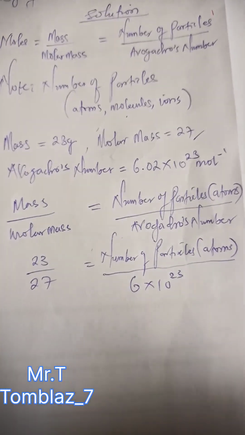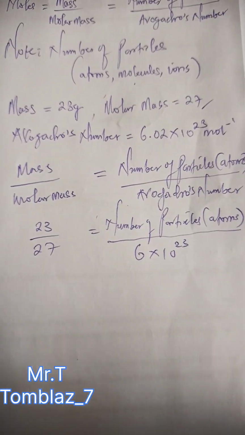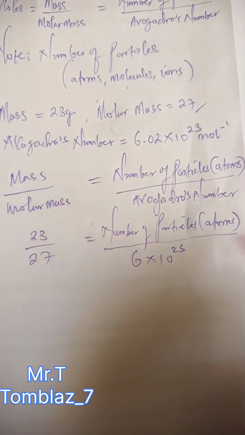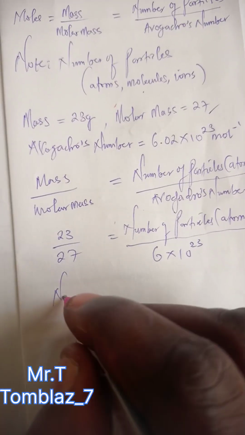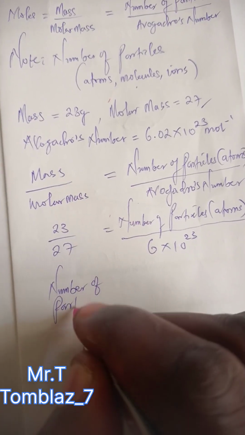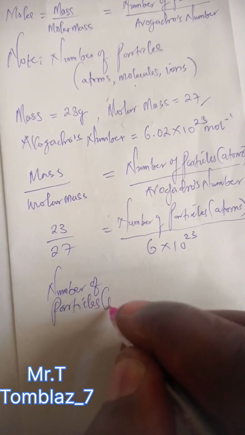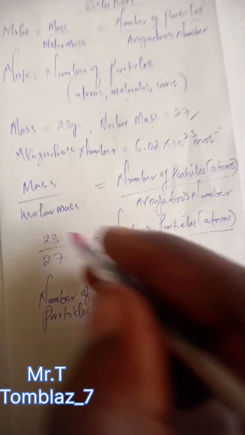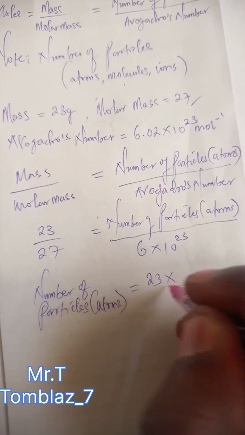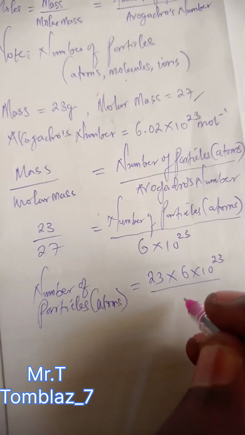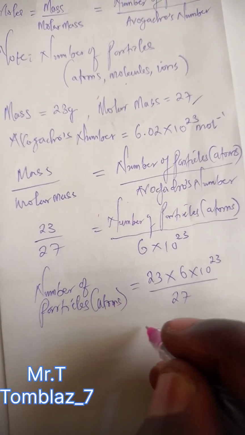Alright, so let's do normal mathematics cross multiplication here. And we'll cross multiply, making number of particles the subject of the formula. We'll be having number of particles, atoms, equals to, so this will multiply this. We have 23 times 6 times 10 raised to the power 23, all divided by what? 27.